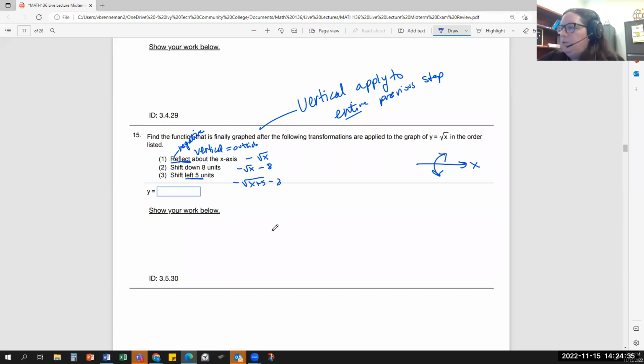But let's say 1 and 2 were switched. What if it was first shift down 8 and then reflect about the x-axis? Then I would have the square root of x minus 8, but then I would have to apply that negative to the entire previous step. And I would get negative square root of x plus 8.